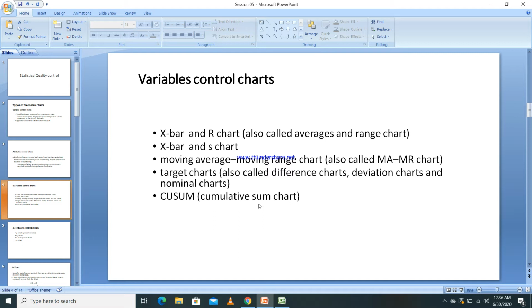If you can remember, when you are doing some analysis, such as regression analysis, and you want to check the precision of the coefficients, in some cases we use these cumulative sum charts. If you haven't used them, you will come across them when you are doing your final year research. Anyway, these are examples of variable control charts. We'll be discussing a few of these charts, how to construct them and what their attributes are.